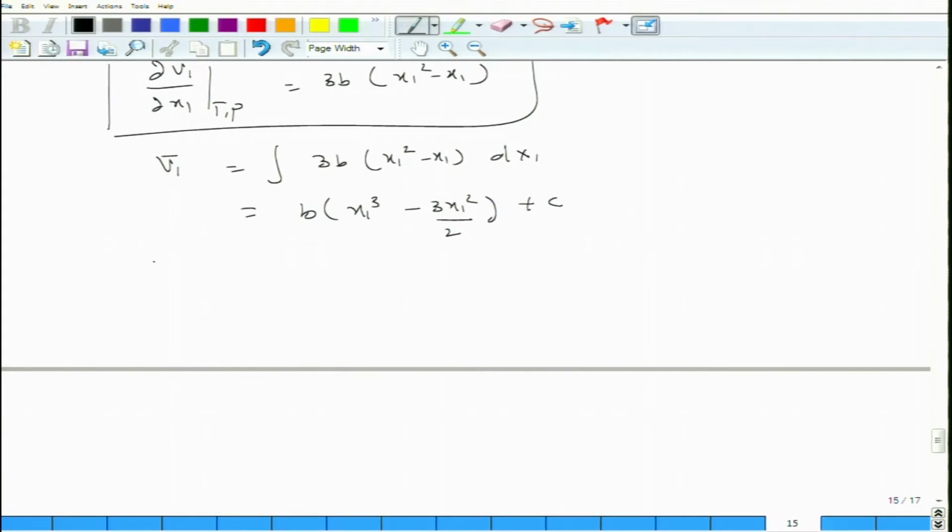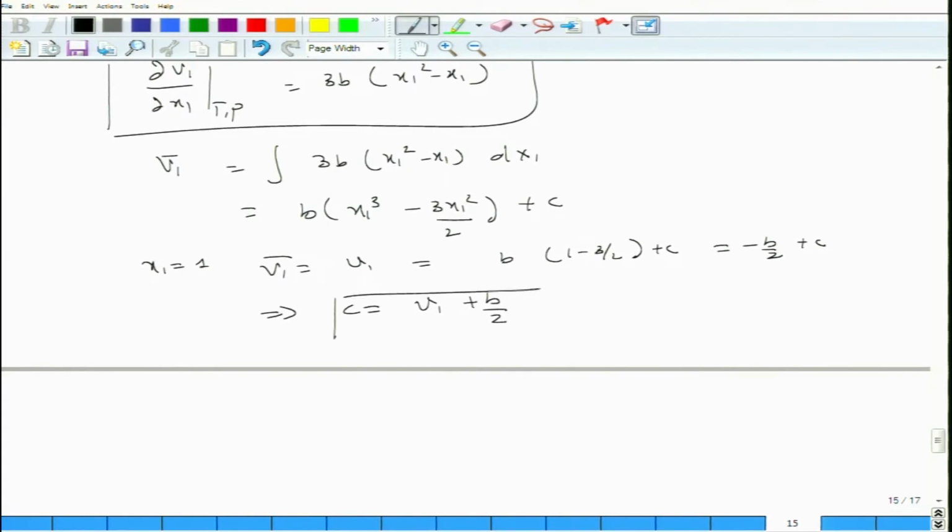We know that for x1 equal to 1, V1 bar is going to be the molar volume of component 1. If I plug in x1 equal to 1, what do you get? This is going to be b times 1 minus 3 by 2 plus c, which is minus b by 2 plus c. This essentially means c is nothing but V1 plus b by 2.